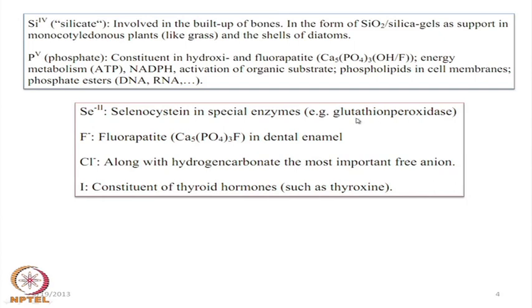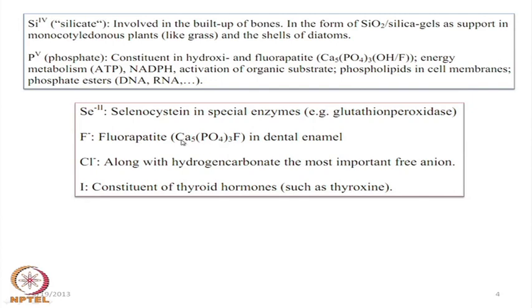So, glutathione, which is a very important antioxidant molecule in our system, for that we can have the corresponding peroxidase activity, that means we can have a reducing environment if we have that peroxidase. So, this glutathione peroxidase contains selenium.